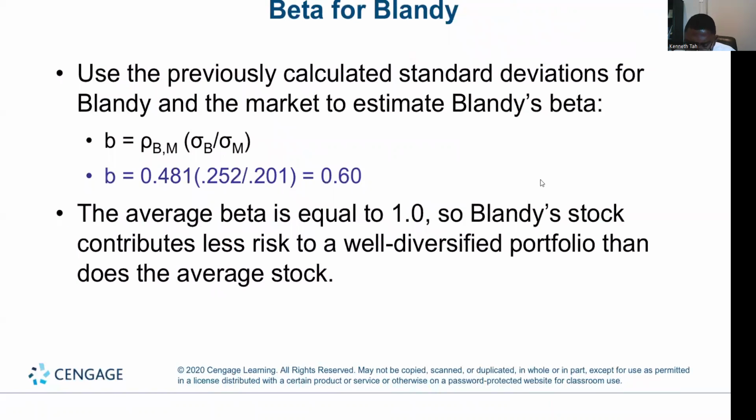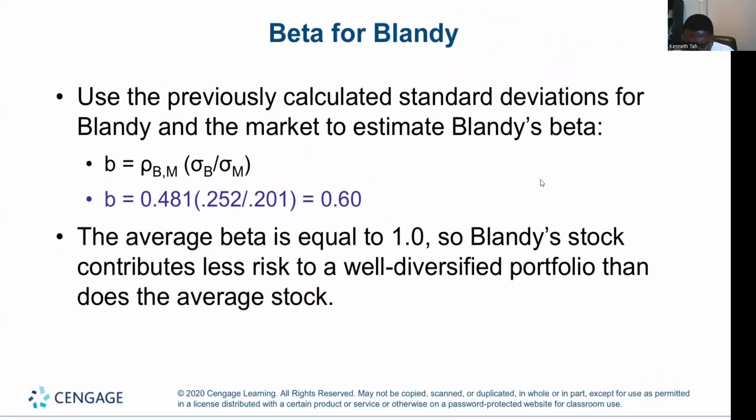All right, if we look at Blandy's company, we can calculate the beta coefficient for Blandy. Basically, we are going to take the correlation coefficient between Blandy and the market, and we multiply that by the risk of Blandy divided by the risk or the standard deviation of the market.